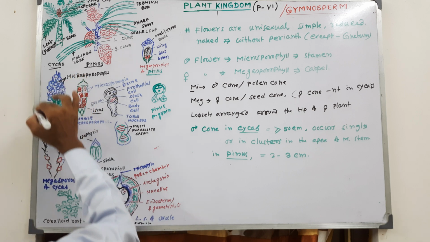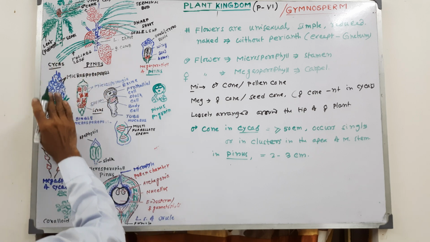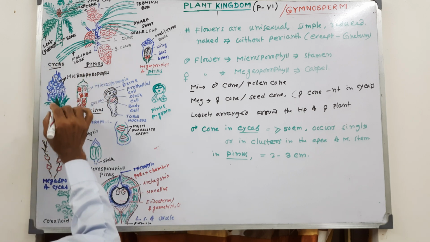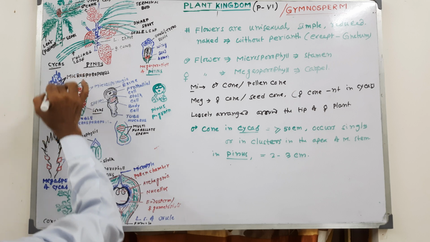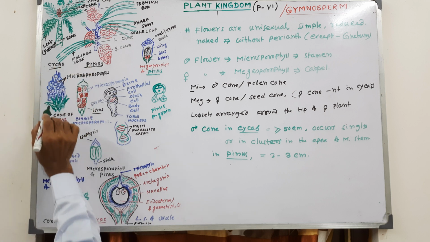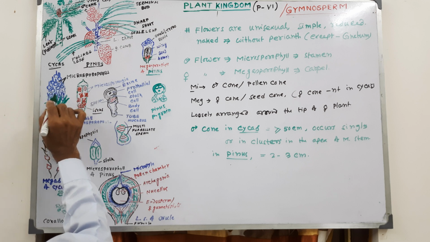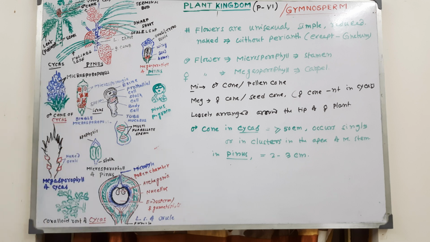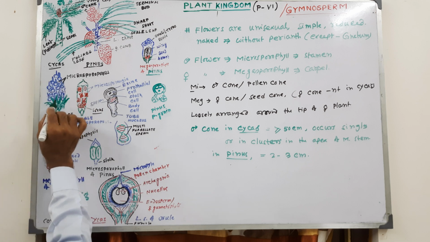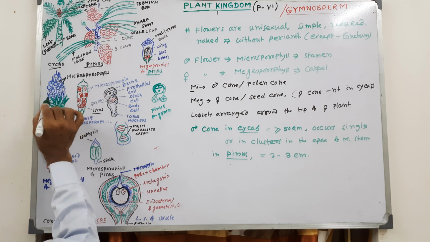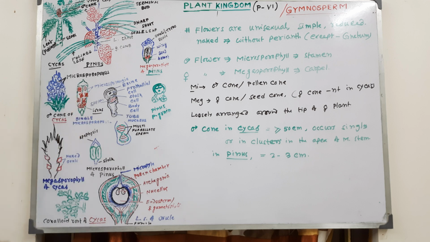Now about the microsporophyll of the male cone. Look here, this is the male cone of Cycas. It is very large and consists of a central axis around which the microsporophylls are arranged in acropetal order, that means the larger microsporophylls are in the lower part and the smaller ones in the upper part.